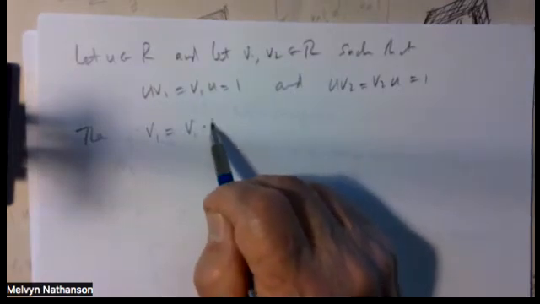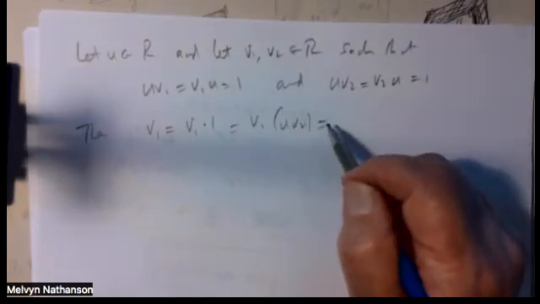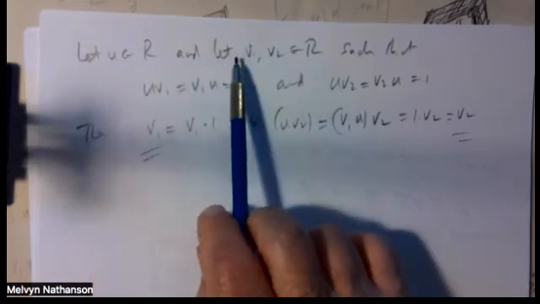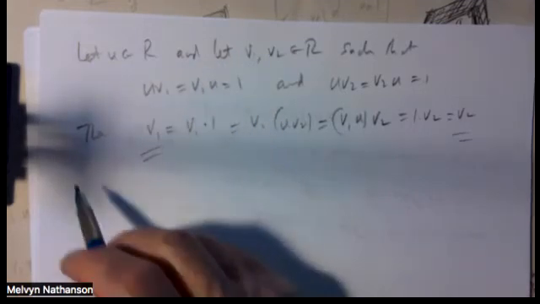V1 is, of course, V1 times 1, because 1 is the multiplicative identity. And 1 can be written as U times V2. By associativity, V1 times UV2 is V1U times V2. But V1U is also equal to 1, and 1 times V2 is V2. So V1 equals V2.